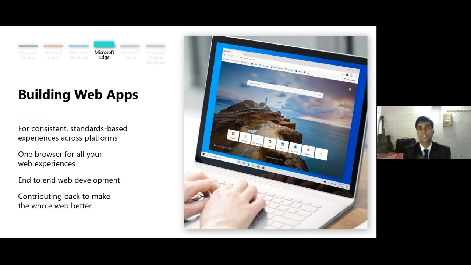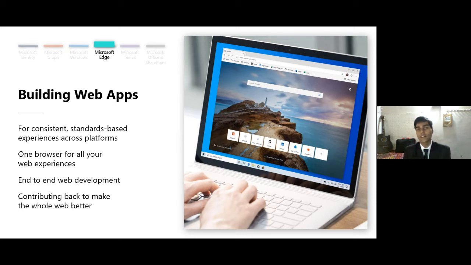So now let's focus on Microsoft Edge. Building applications is possible with the help of Microsoft Edge for a consistent, standards-based experience across platforms and applications. We can see Microsoft Edge is being used widely. One browser for all of our web experiences. Microsoft Edge has its own efficiency and effectiveness, because it is probably one of the most widely used browsers.